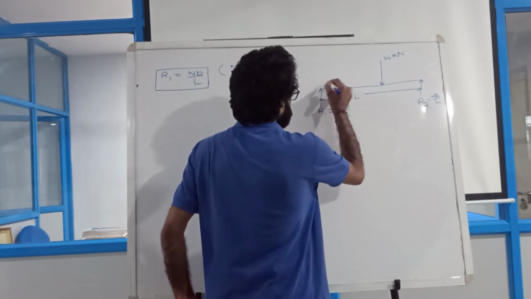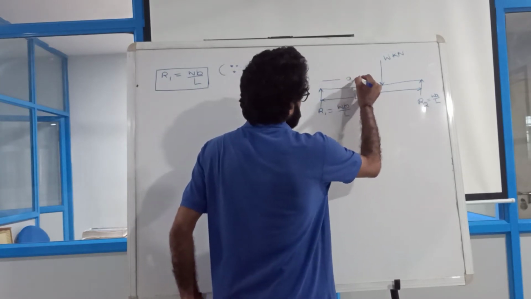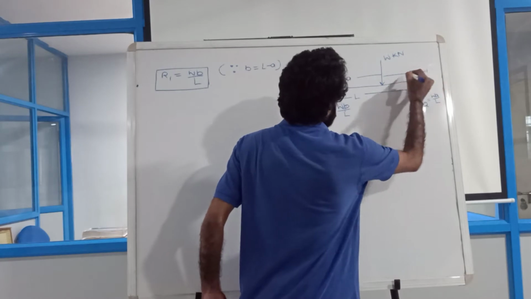The length up to here is A and this is going to be B.